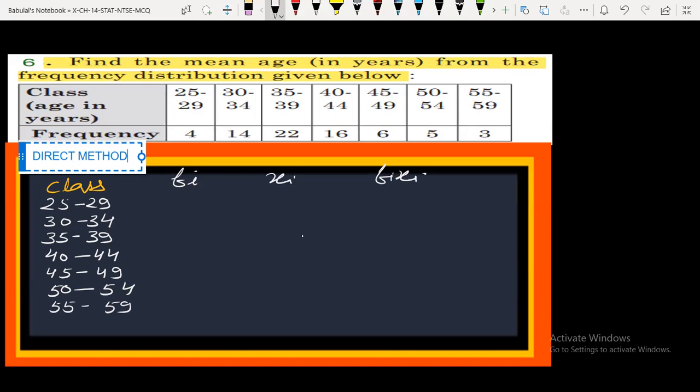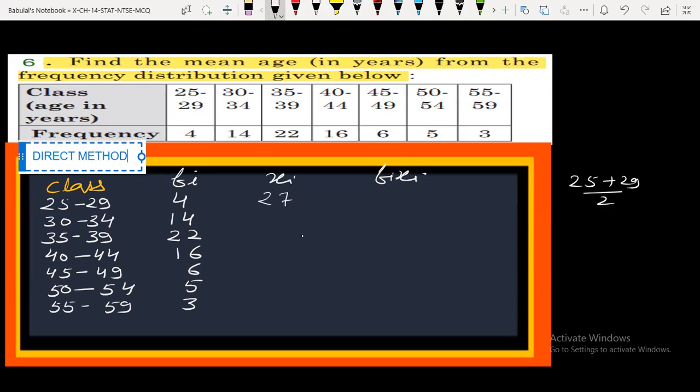The corresponding frequency is already given in the table, that is 4 and 14 and 22. This is 16, this is 6, this is 5, and this is 3. What is the class mark? The 25 lower limit plus upper limit divided by 2. Please write here. What is the class mark here? The class mark will be 27.